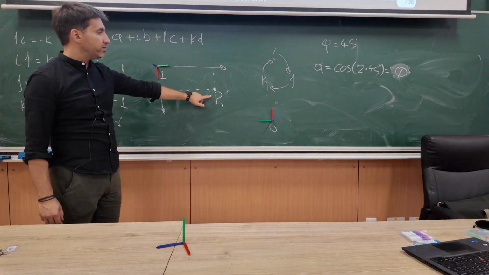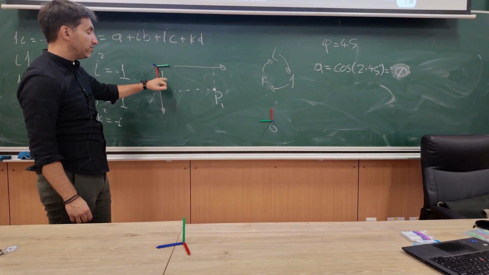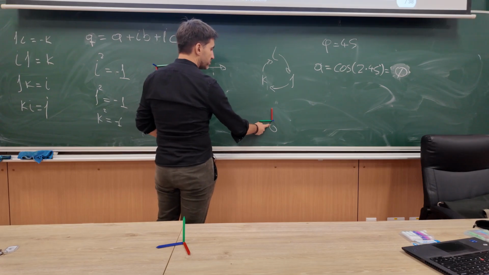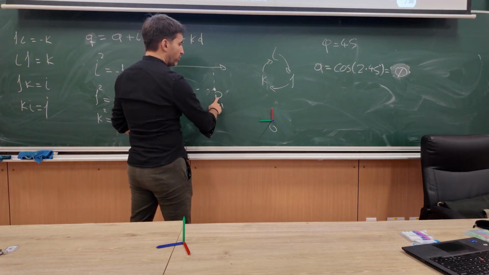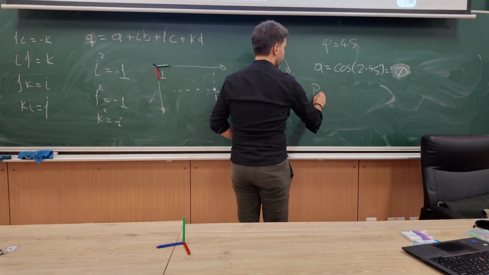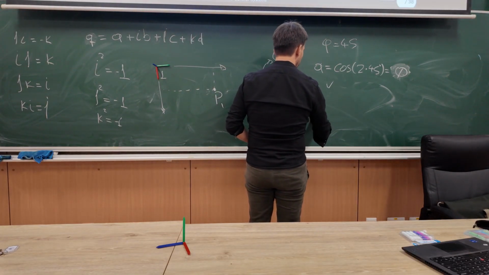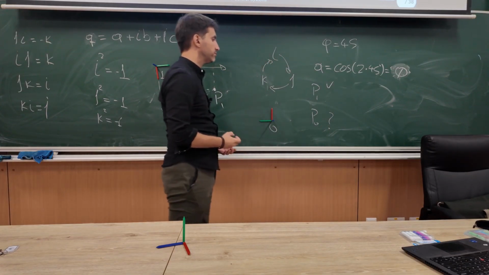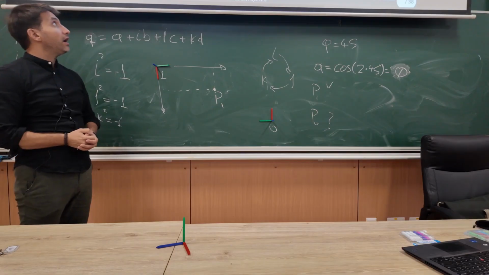So I know the coordinates of point P in frame 1, and I want to calculate the coordinates of point P in frame 0. So I know P1, and I want to calculate P0. This I don't know. Right? How do I do this?